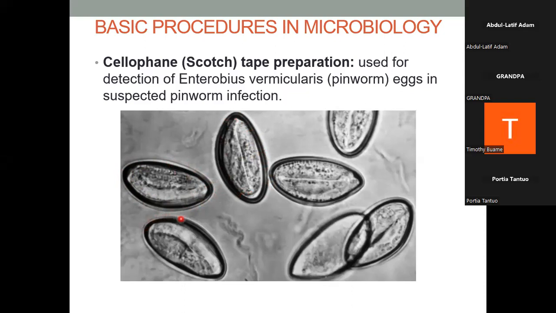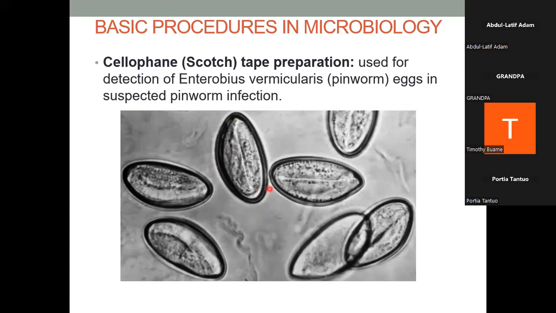So we say they are asymmetrical. It means that if I cut this into two, this side will be different from this side. So in the first place, it is asymmetrical.